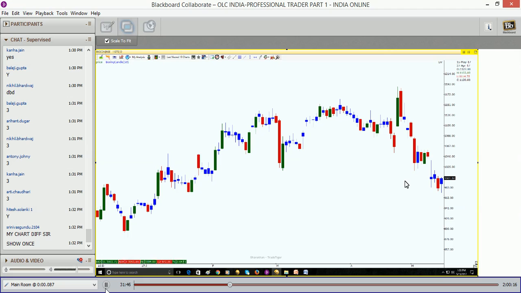Mark a daily supply zone in Biocon. Everybody clear? Once you guys are done, let me know. I'll have a look at your system.